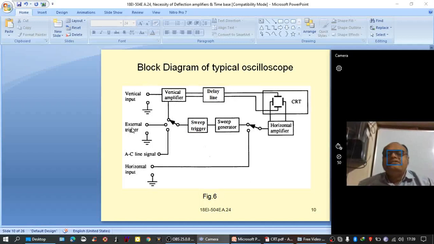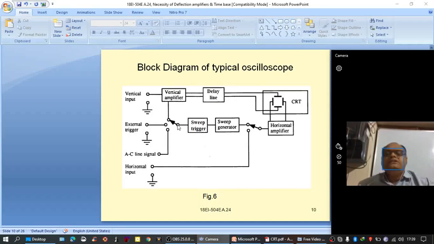Similarly, an external signal also is available as sweep trigger input here, and mains AC supply with reduced amplitude also is available here at the third position as input to the sweep trigger.